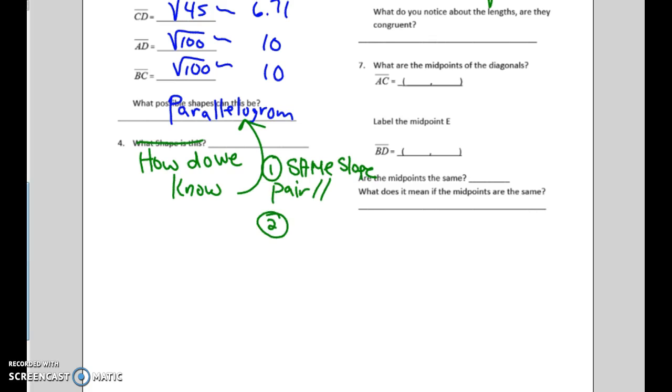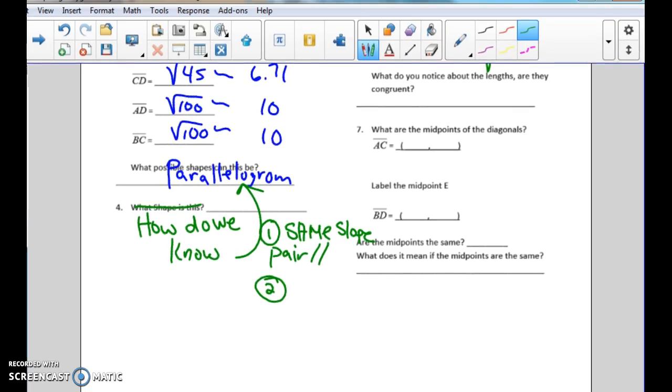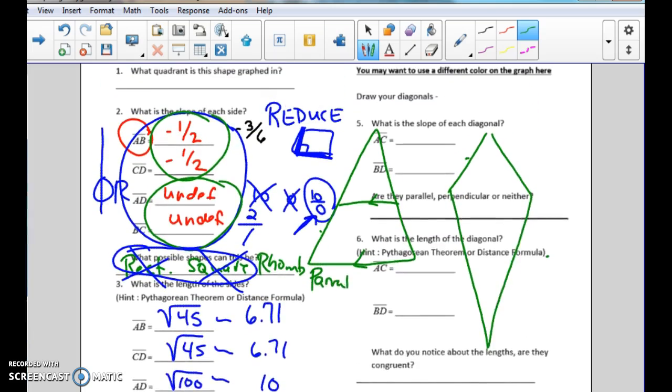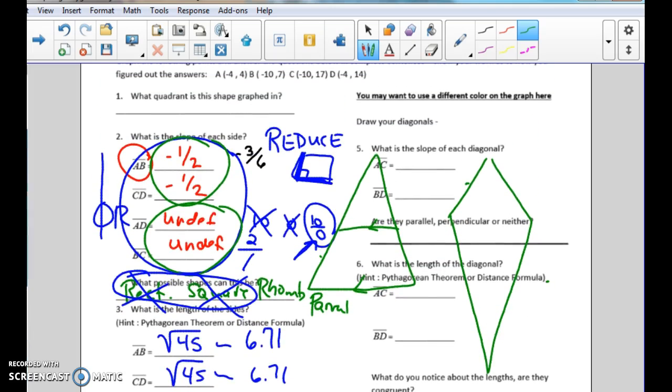And then what's the second thing we looked for? No, we were still up at slope. What do we look for when we were up at slope still? We looked for something. What was it? Why did I look for that again? See if they're perpendicular, see if the angles were 90 degrees.